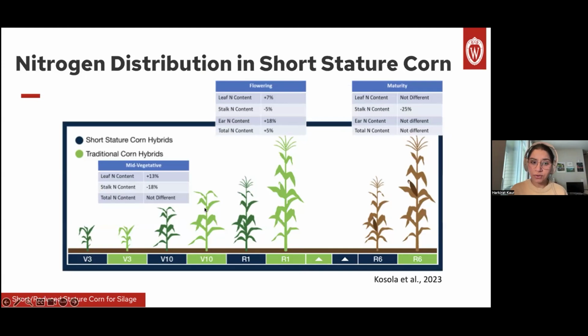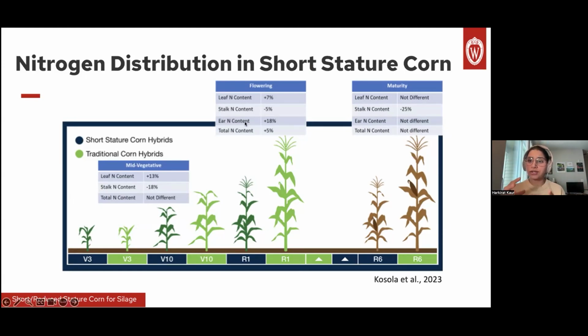So during the mid vegetative stages, we did see that the leaf nitrogen content was 13% higher than the traditional hybrids, and the stalk nitrogen content was 18% lower. And similar deviations were observed in terms of flowering and at maturity.